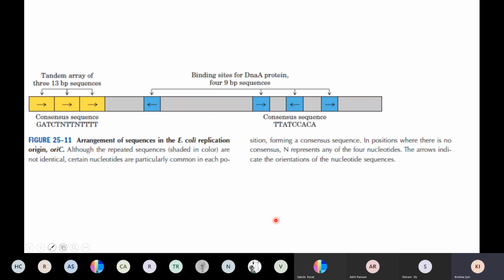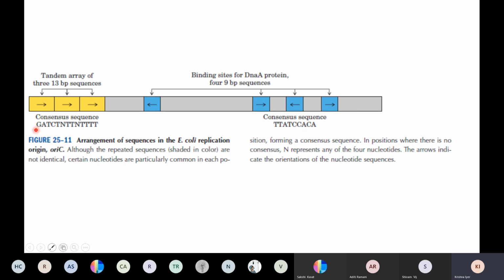So here is that slide. Here is that sequence that I just talked about: a tandem array of three 13 base pair sequences. What is very important to realize is that if you look at this sequence, see how many of this is AT relative to GC.